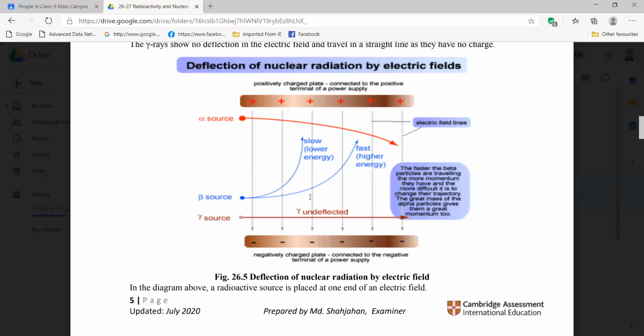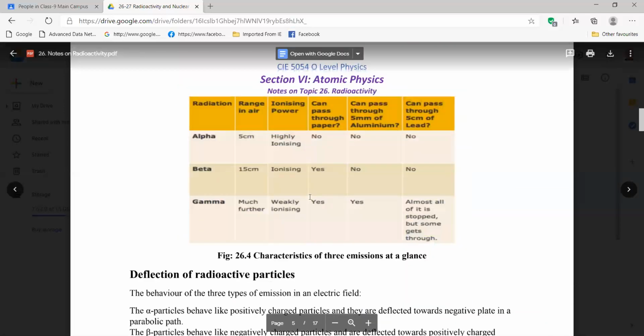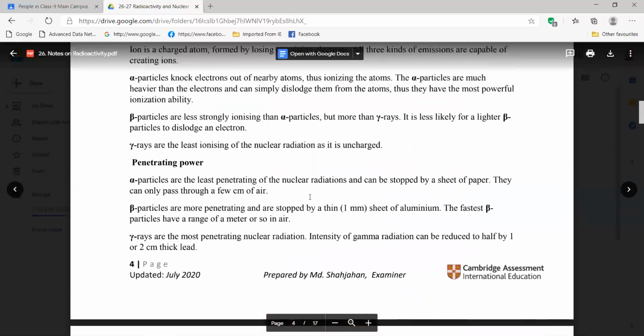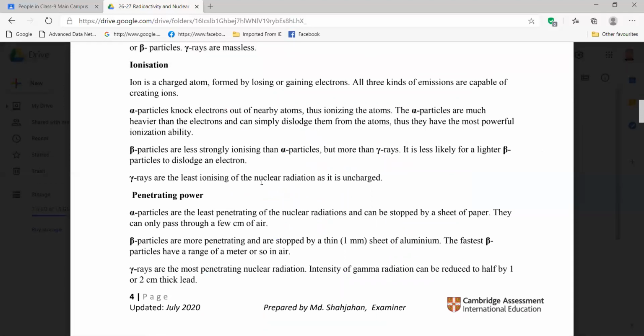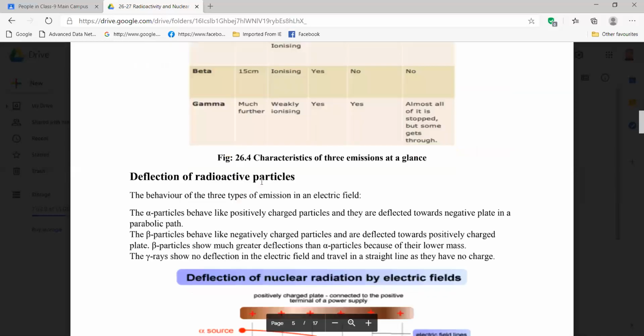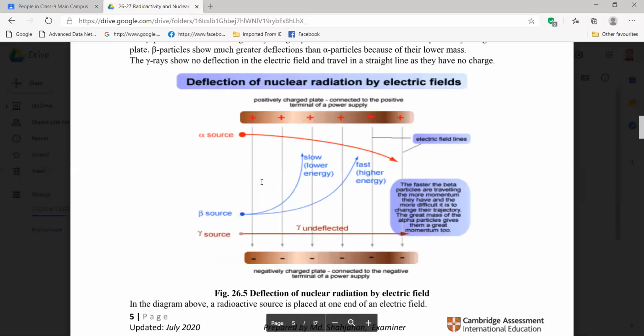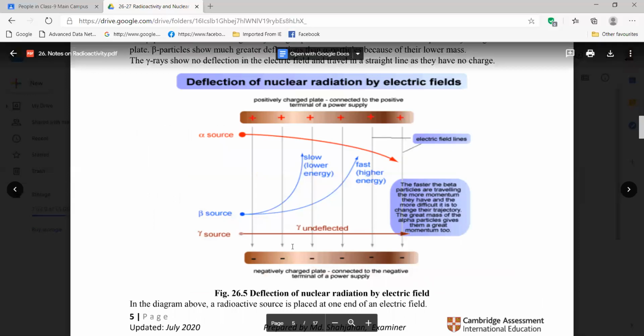We got here one thing. Can you remember that gamma rays are uncharged, right? So if it is uncharged, then why will it be attracted or repelled? It will not, right? That's why it is going undeflected.